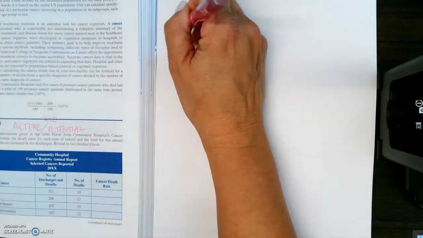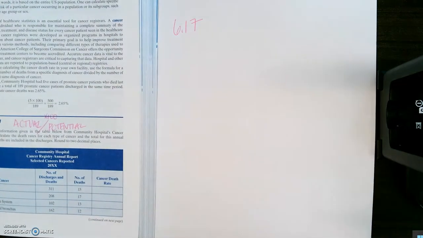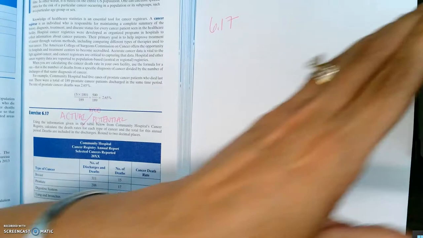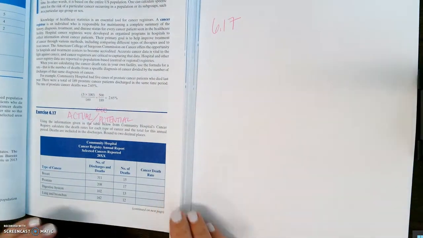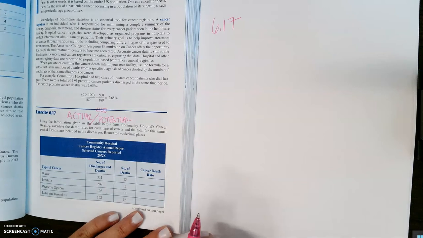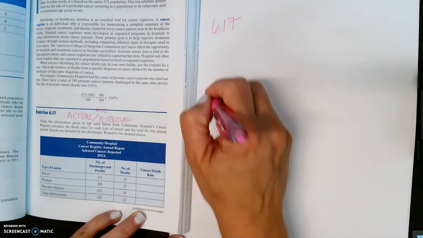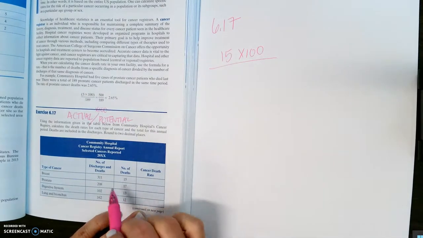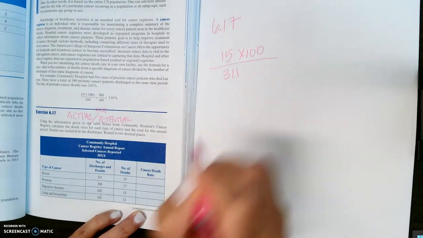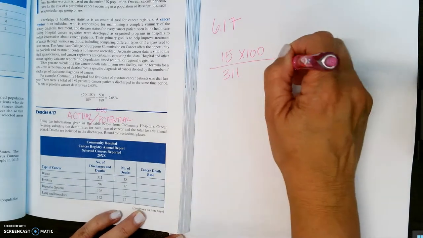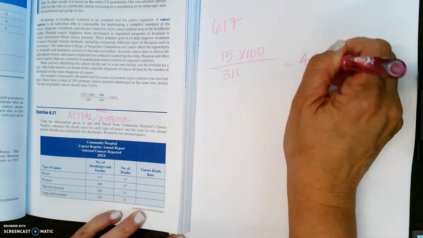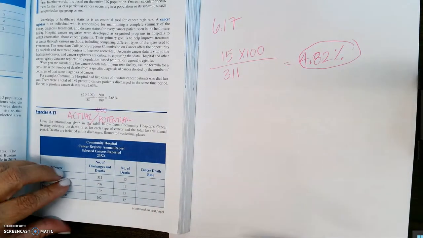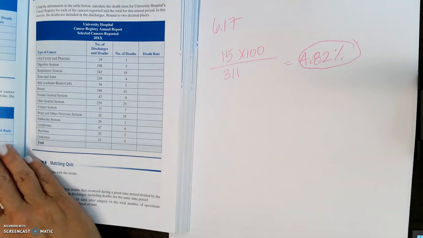So 6.17 says you've got 15 deaths due to breast cancer. You're going to multiply that by 100 over the potential, 311. And so your answer there is 4.82%. So that's the setup for that one. And in the back of the book, you're going to have the rest of it. So you should be pretty good to go.